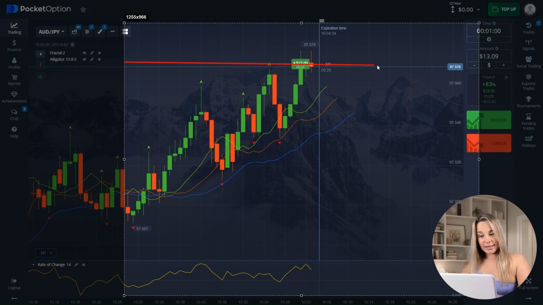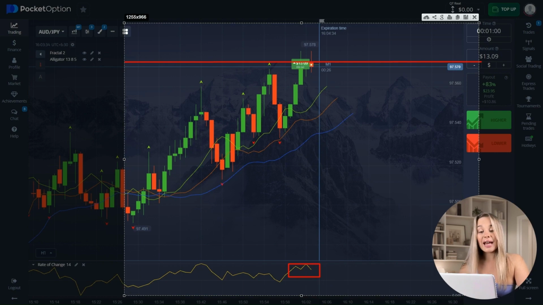And as you can see here, the chart has broken through the level. We observe high volatility according to the rate of change signal, and the alligator lines also indicate an upward trend and are diverging. So I waited for a small pullback from the level to hedge a bit, and I'm counting on a good rise after the breakout.